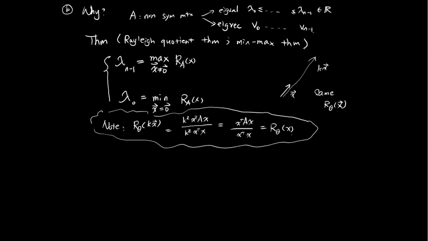So all we need to care about is the maxima over all the x with length equal to 1. And this time, because the length is equal to 1, we can ignore the denominator. All we need is the top. Similarly for the minimum one.